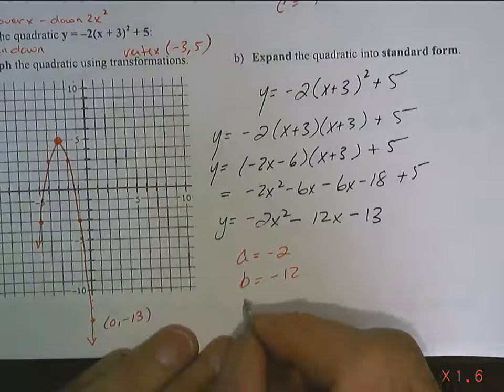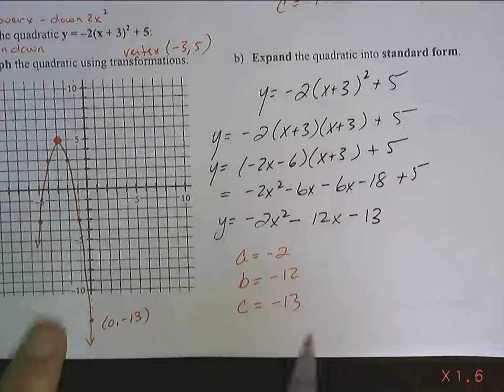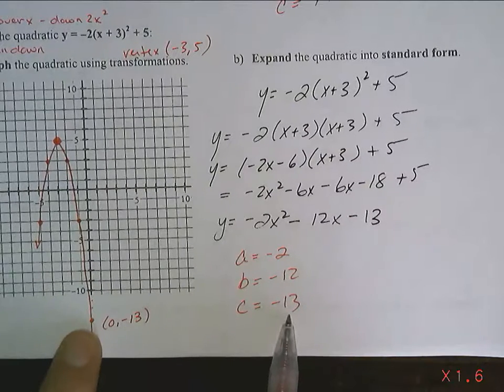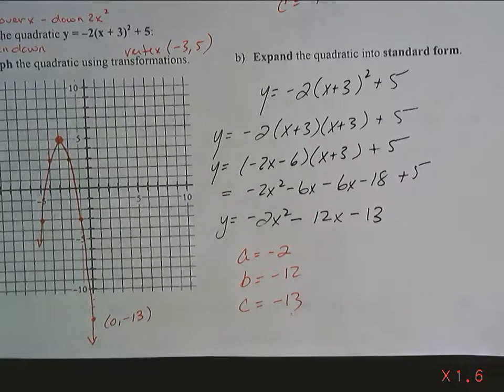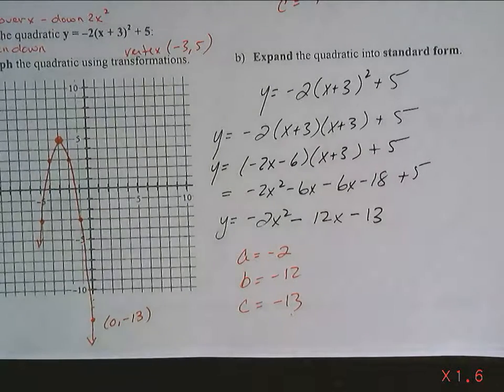But that c seems to be your y-intercept, doesn't it? That's kind of cool. So vertex form shows you the vertex, and standard form seems to be showing me the y-intercept, and they both show me the step pattern and the direction of opening.